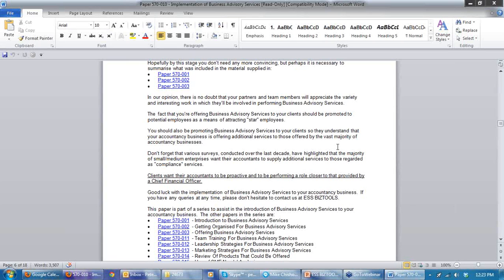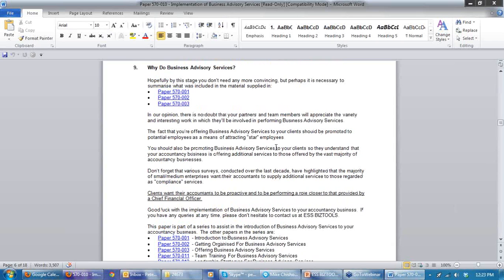Nixon claims that the Australian accountancy market is worth $16.2 billion and 80% is compliance, so the figures work out 32%. That will work out at about $5 billion per annum. It's a large amount of money, and if ever there was a reason why accountants should be considering business advisory services, I think that will be it.